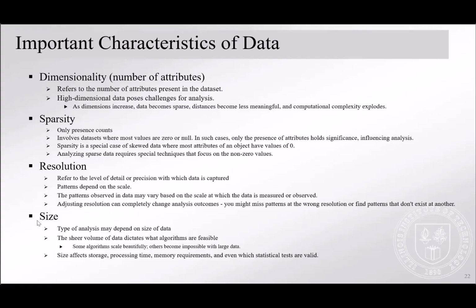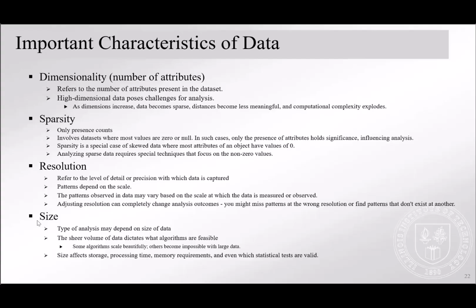Finally, the size. Obvious, right? I'm talking about the size of the dataset. But worth stating, 100 tuples and 100 million tuples or rows need completely different approaches or techniques. We need to handle them differently, right? Some algorithms scale perfectly, others just crash.